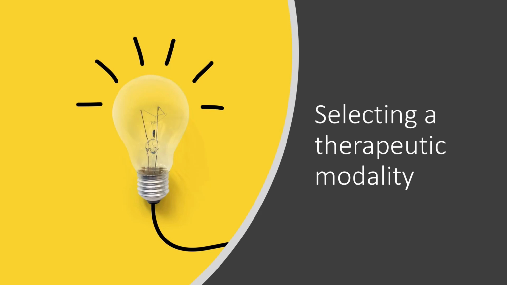So you saw an example of the various programs that are currently underway seeking to deliver gene therapy in a host of neurological disorders, in particular in pediatric cases. But how do you go about thinking about what therapeutic modality you might choose for a specific disorder?